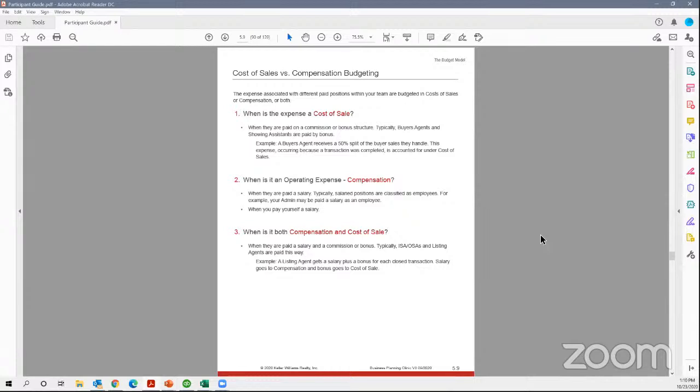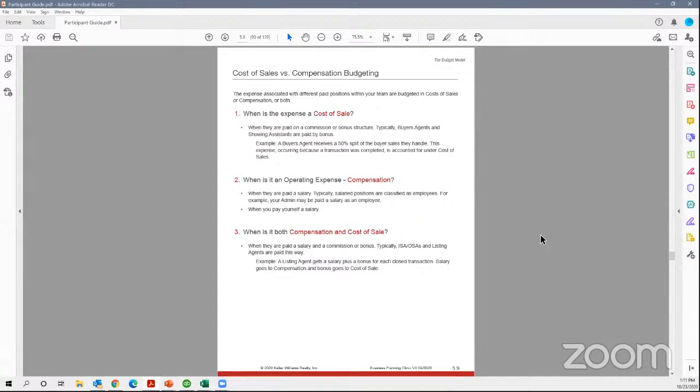Cost of sales is when they're paid on a commission, or if there's a bonus structure. Buyer's agents and showing agents are typically paid on bonus. It's an operating expense when there's a salary involved. Typically, salary positions are classified as employees. For example, your admin will be paid a salary as an employee. When you pay yourself a salary, that counts as an operating expense.